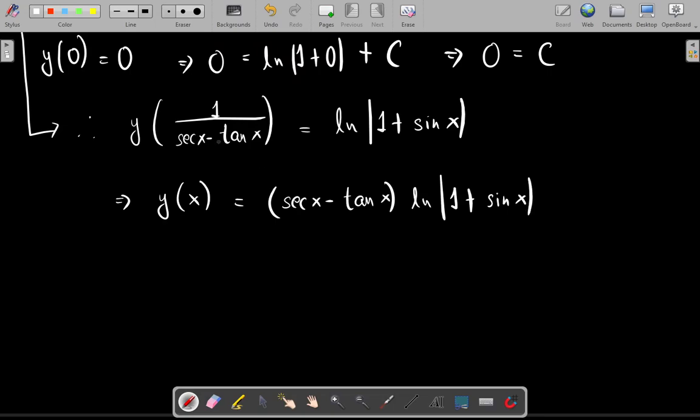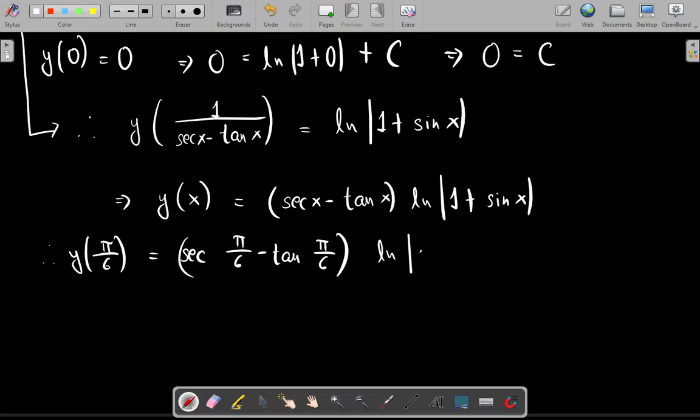After cross multiplying this term. So we have to find the value of y of pi upon 6. So this will become sec pi upon 6 minus 10 pi upon 6 times ln of 1 plus sine pi upon 6.